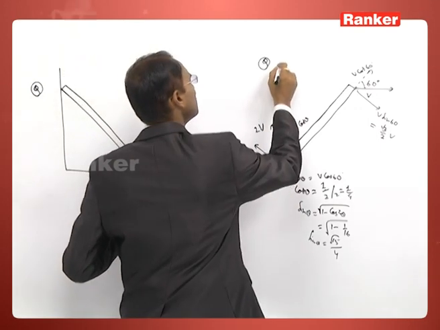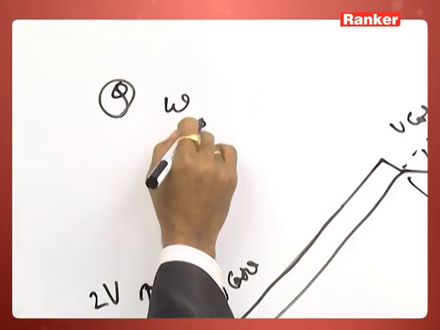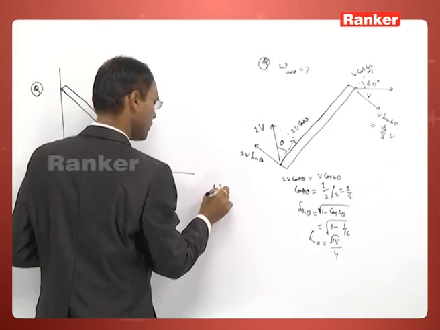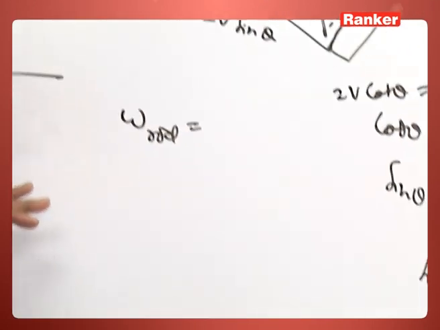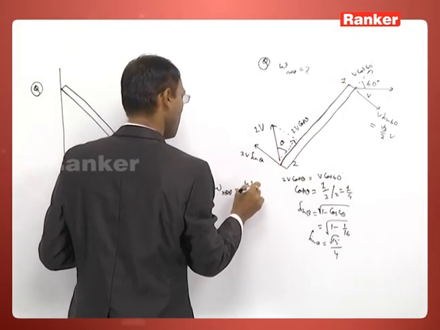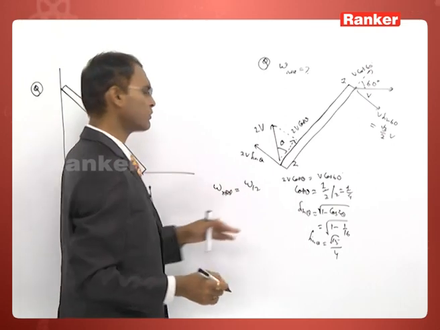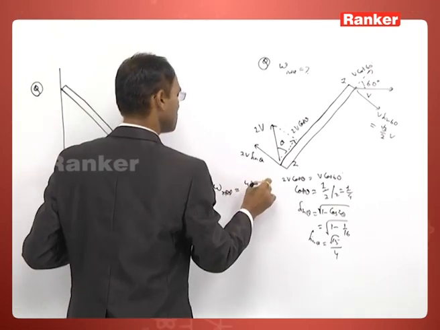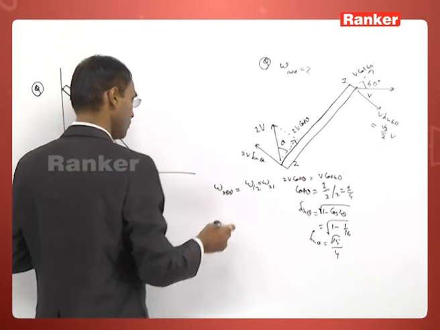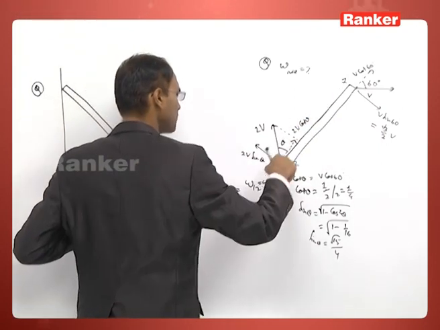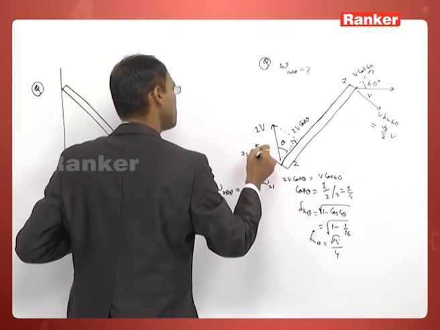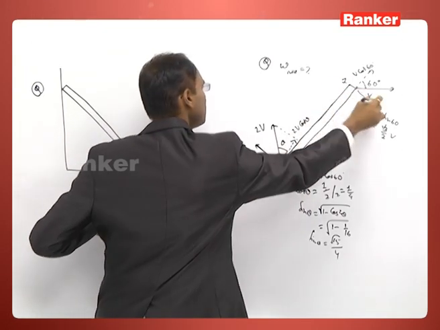Now we find omega of the rod. Omega of the rod is equal to omega of 1 with respect to 2 or omega of 2 with respect to 1. And that's equal to relative velocity of 1 with respect to 2 or 2 with respect to 1. There is no relative velocity along this direction, so we have to calculate the relative velocity along which direction?